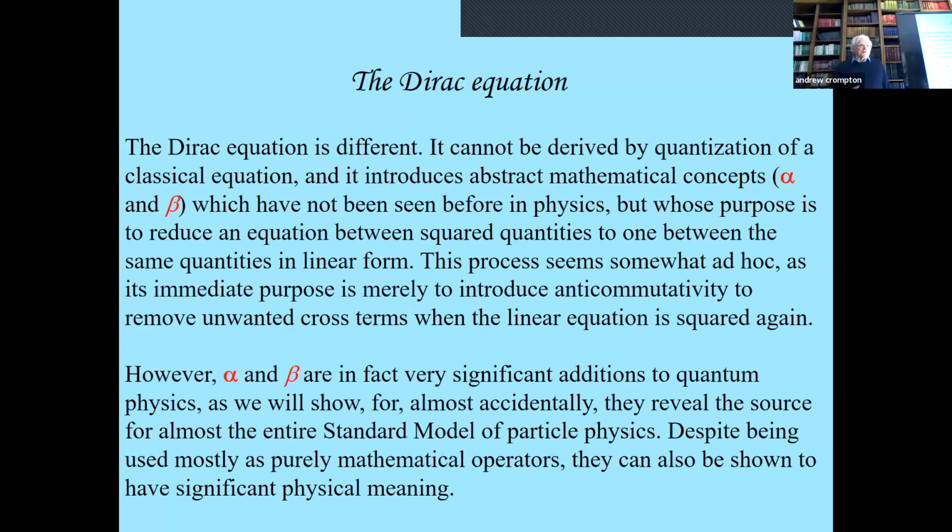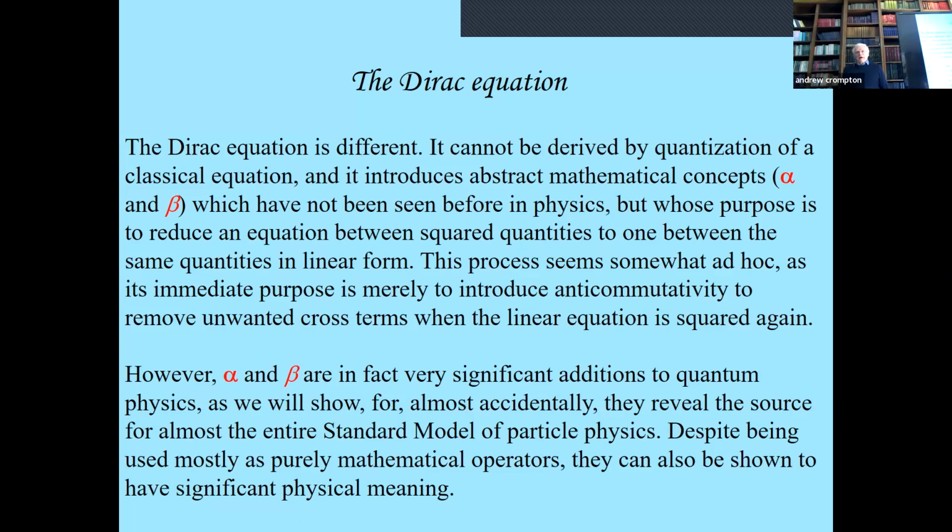Now, the Dirac equation is different from those. It's plucked out of the air. You can't take a classical equation in the ordinary way and introduce abstract mathematical concepts. You can't do that. But what you can do is introduce new concepts, and Dirac introduced these terms alpha and beta from nowhere.